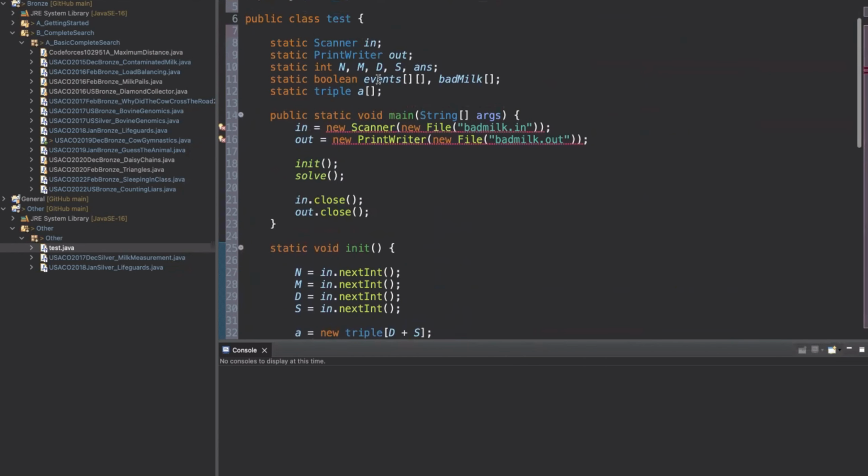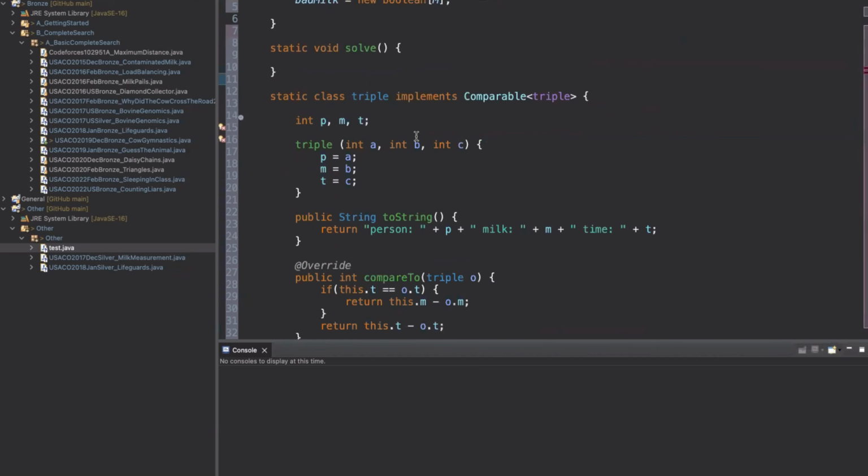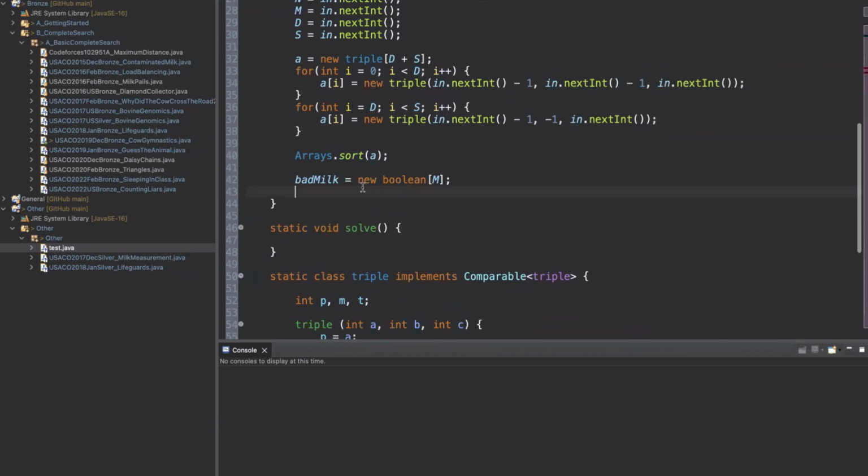And we're also going to initialize the events Boolean array, the 2D Boolean array. And this one is going to record the types of milk that each person drank.